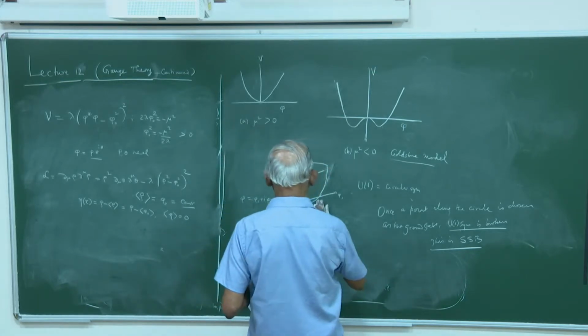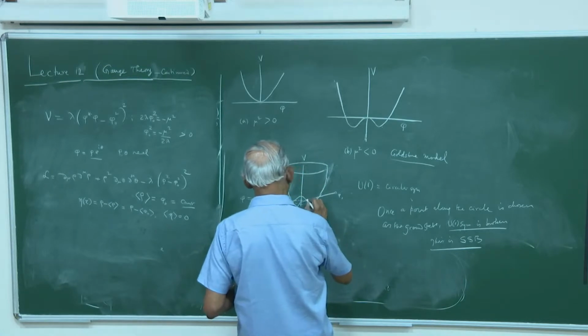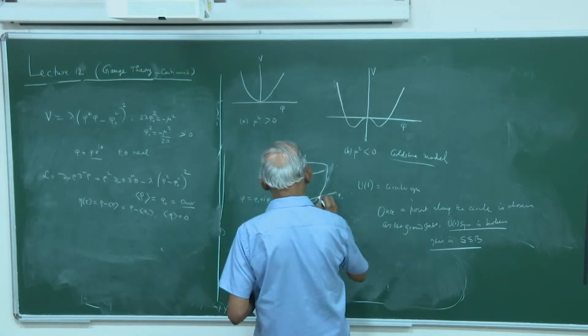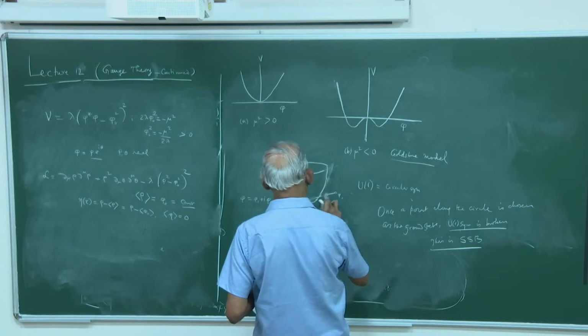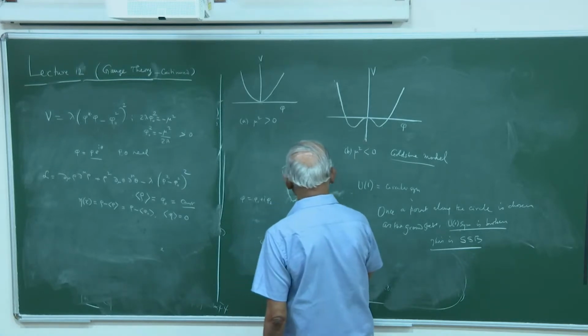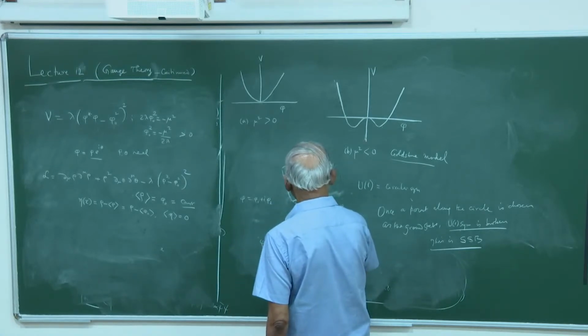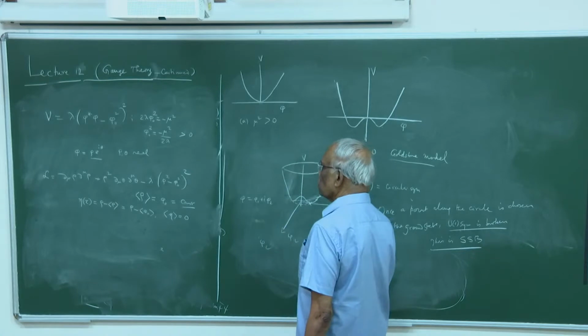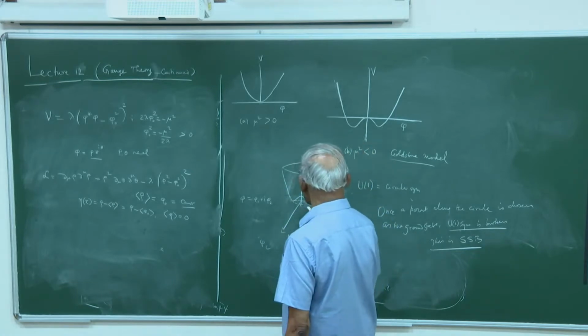So, again this is wrong. No, this may be right. Only the axis is better. Take like this, so that it is obvious that this is the minimum. We can choose the minimum anywhere here. So let me choose it here. We have chosen the minimum here, okay? And this radius is phi 0.